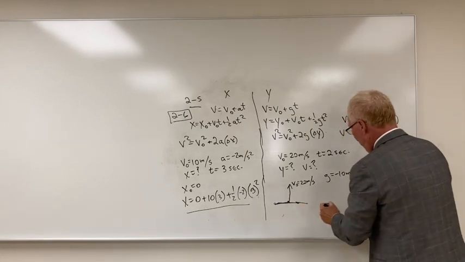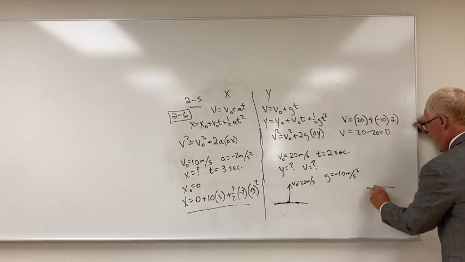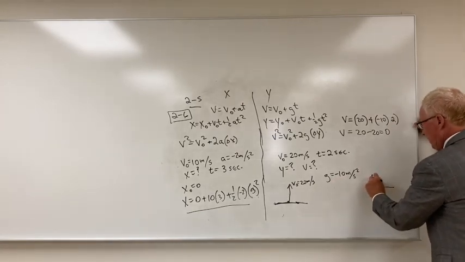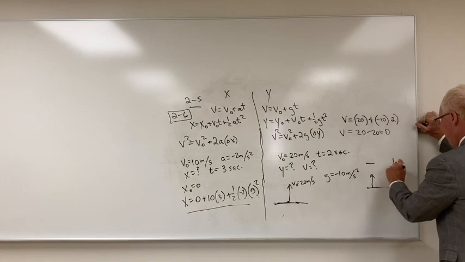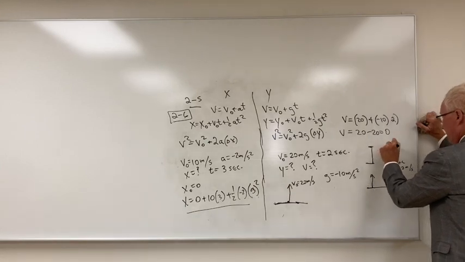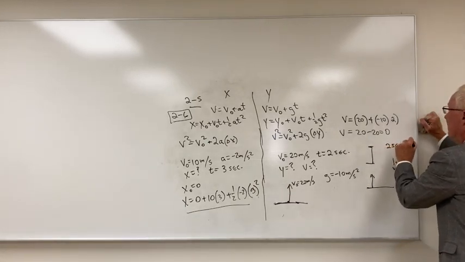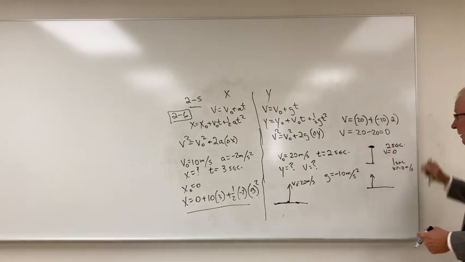So when you throw it upwards at 20 meters per second, after 1 second, v is 10 meters per second. Then after 2 seconds, v would be 0. Well, then what happens then?